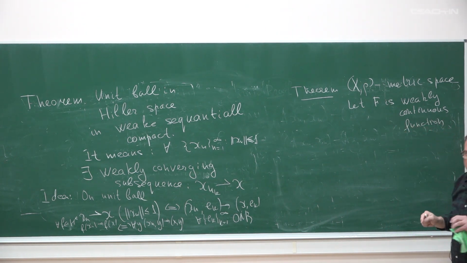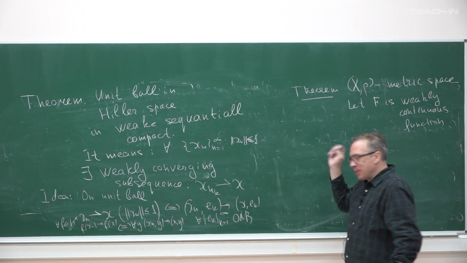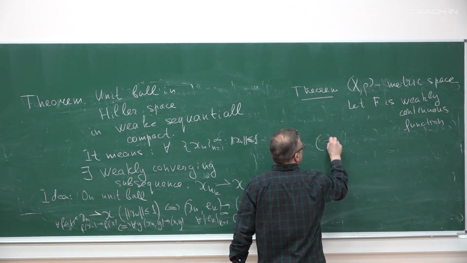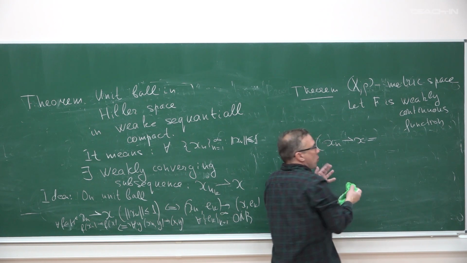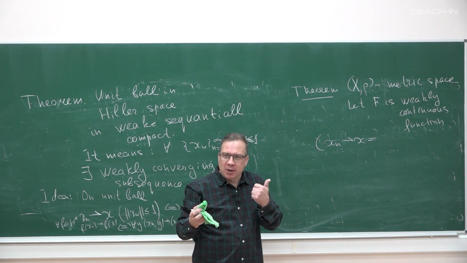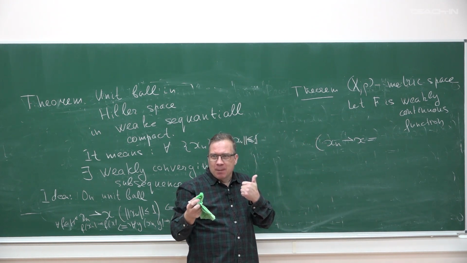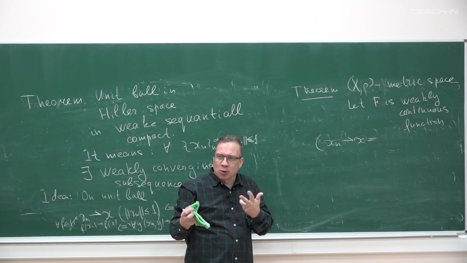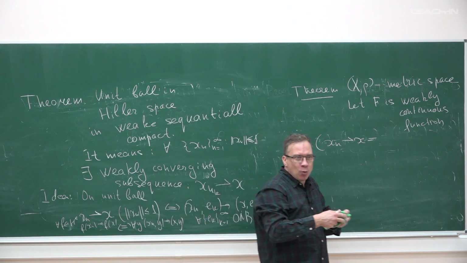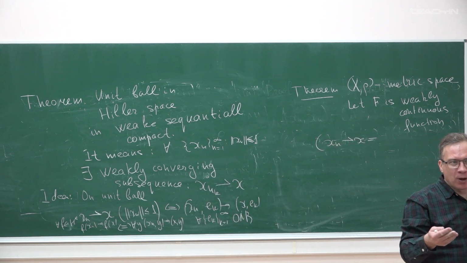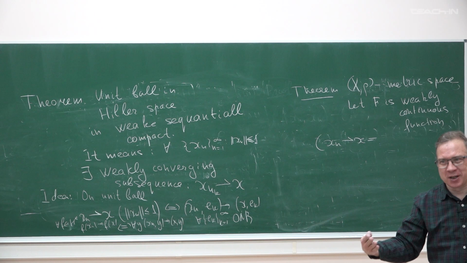Let F be a weakly continuous function on a weakly compact set. What does it mean? If xn, oh no, metric, I have a mistake, because we consider weak convergence only in a normed space, by functionals. We don't describe the adjoint of a function of dual spaces for metric spaces.